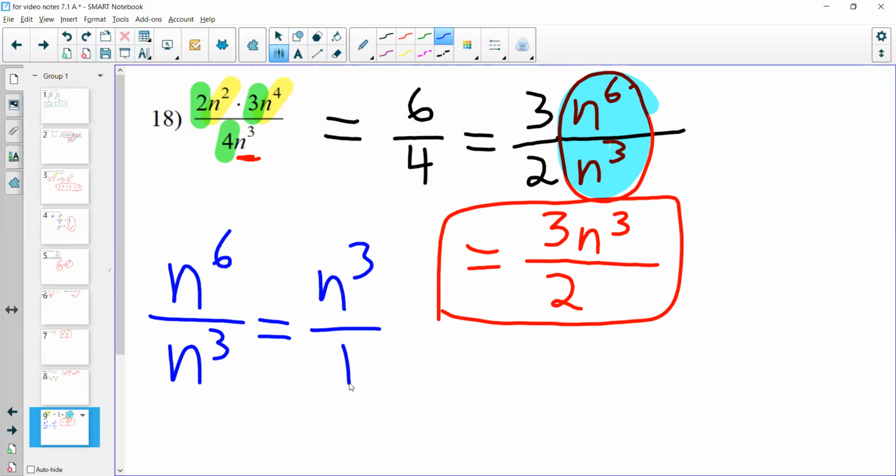And the way you can tell is because these 3 n's are going to cancel out, so to speak, with 3 of these 6 n's, leaving me with 3 n's in the numerator and none in the denominator. So that's another way you can think of this.